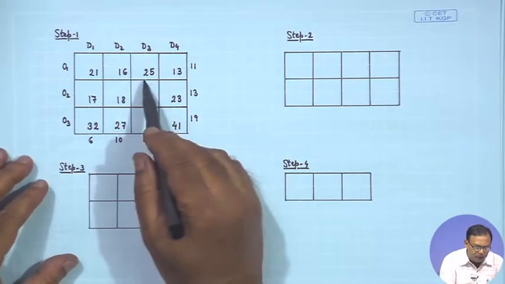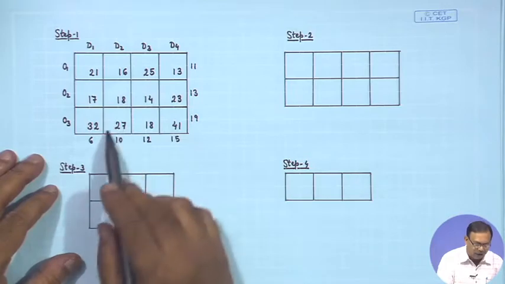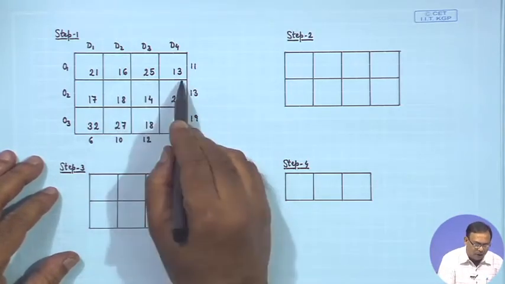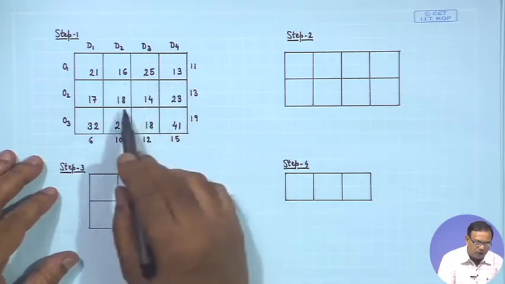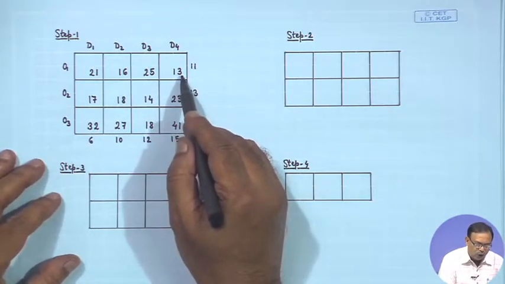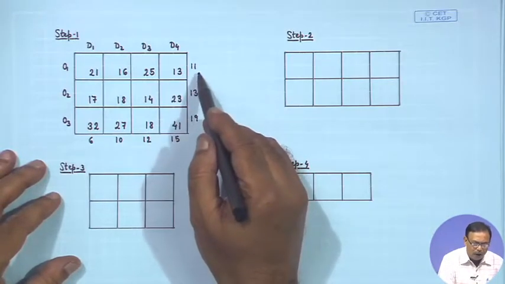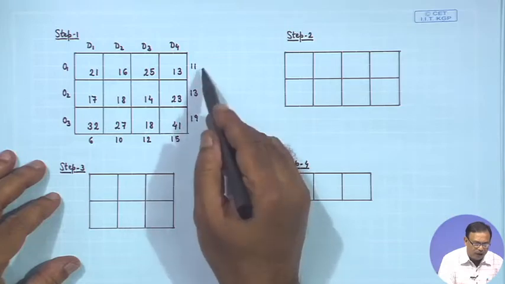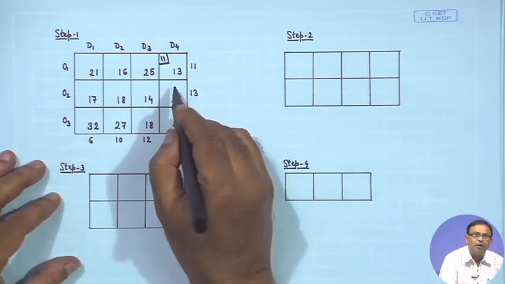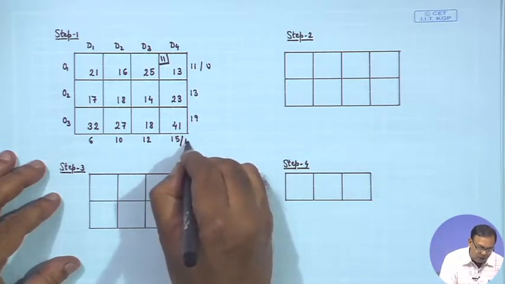On the same problem, what we find here, the minimum of all the cells is 13, this one. Minimum cost for all the cells of the matrix is 13. So, allocate on this cell: minimum of 11 and 15 is 11. So, you are allocating 11 over here, so that this becomes 0, this becomes 4.